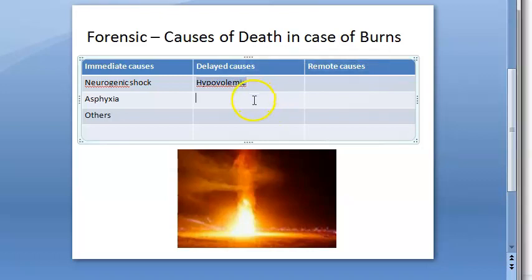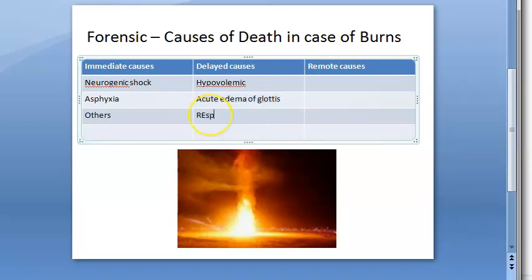The next thing they are mentioning here is acute edema of glottis. Acute edema of glottis is due to inhalation of irritant smoke or hot gases, with or without pulmonary edema. Inhaling a lot of irritant gases and smoke can cause acute edema of glottis, which can cause death.